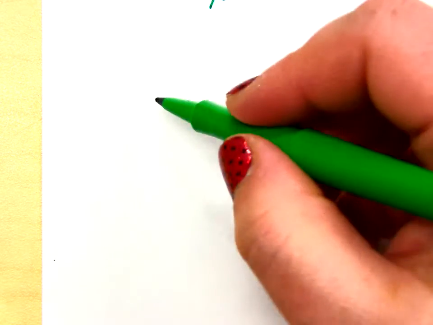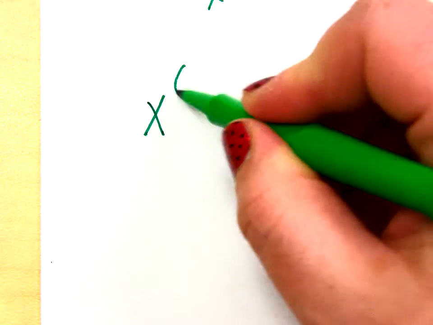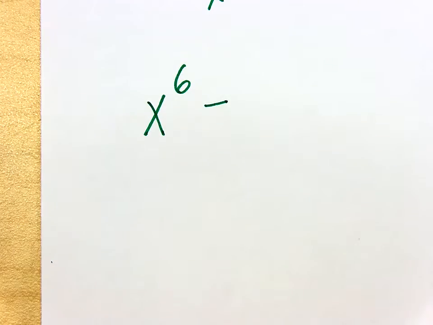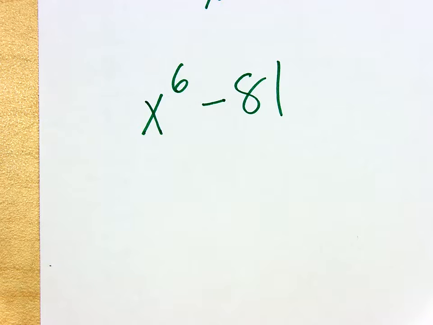Okay, so let's try another one. Say I had x to the 6th minus 81. X to the third, both parentheses. So, ask yourself, do I have the difference of two perfect squares before you even start?